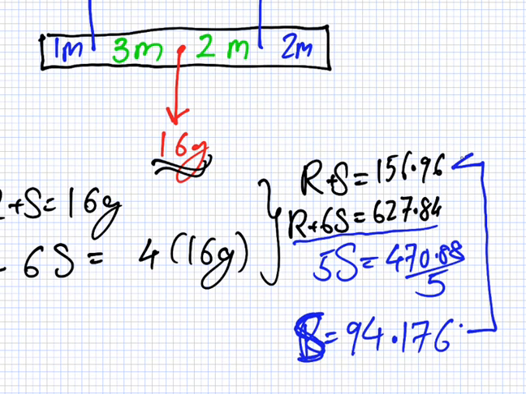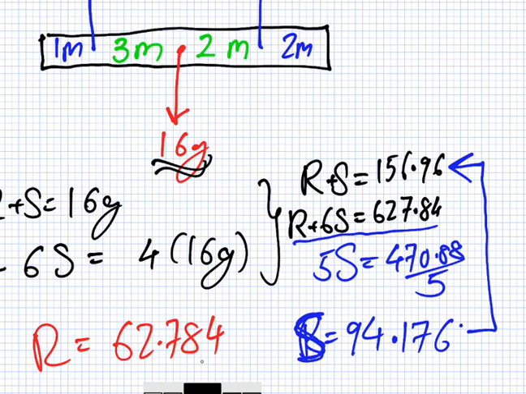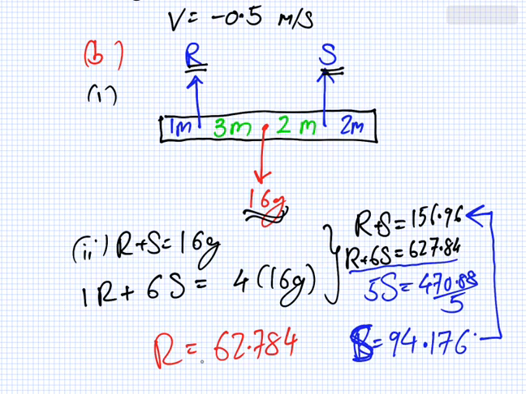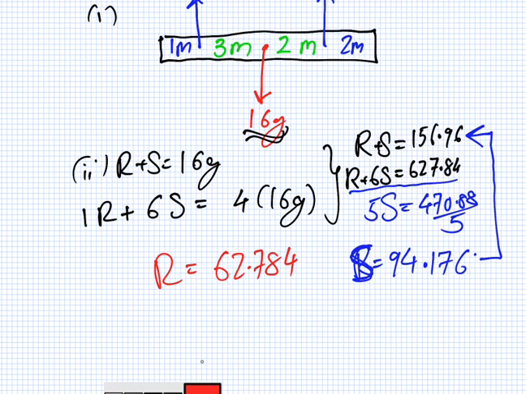I substitute that back in to get the R now. So then R will equal 156.96 minus that answer, and that is 62.784. Done. They want the two upward forces.